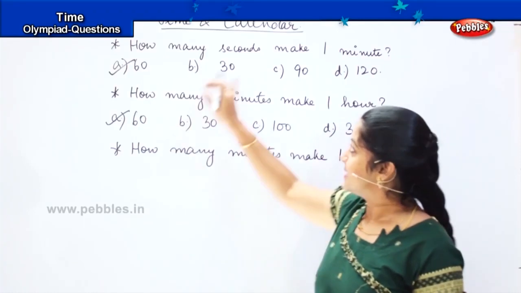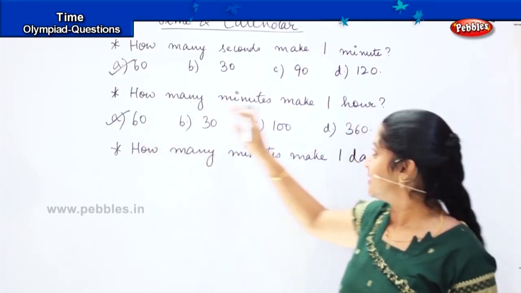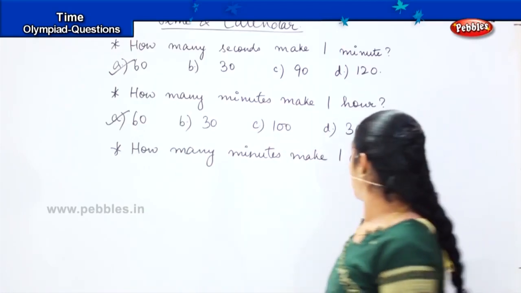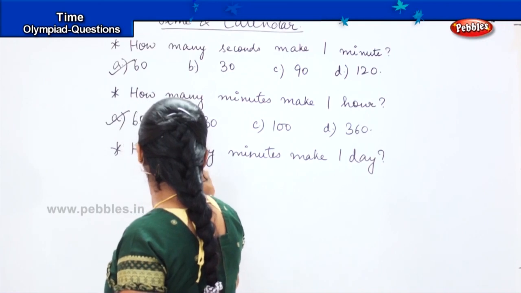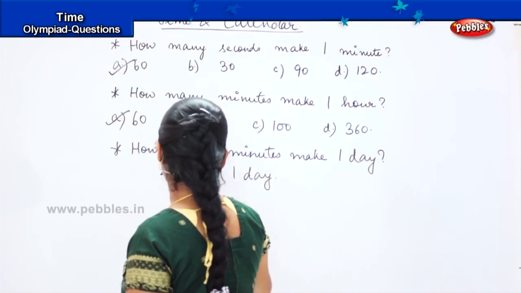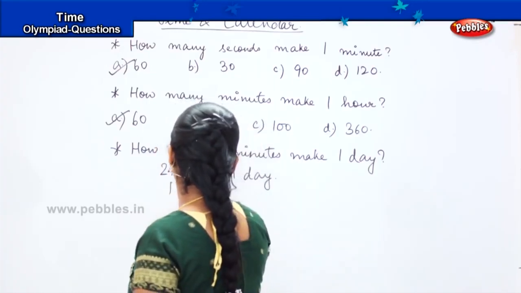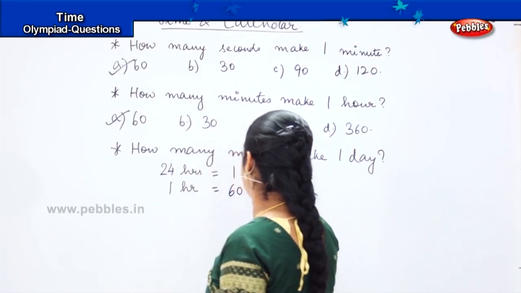We know that 60 seconds is 1 minute and 60 minutes is 1 hour. So how many hours are there in a day? There are 24 hours in 1 day. And 1 hour is equal to 60 minutes.